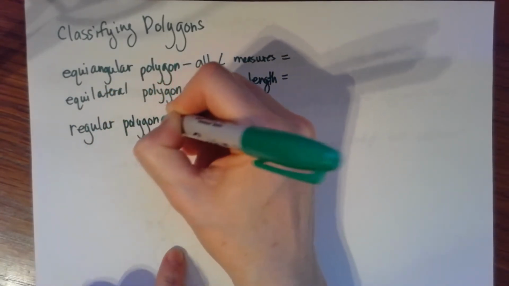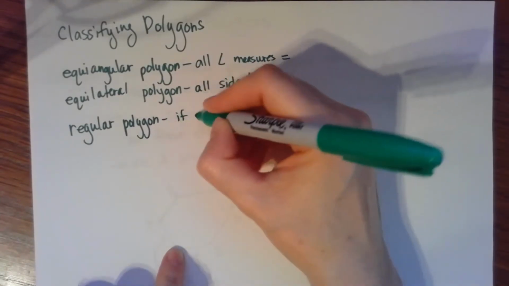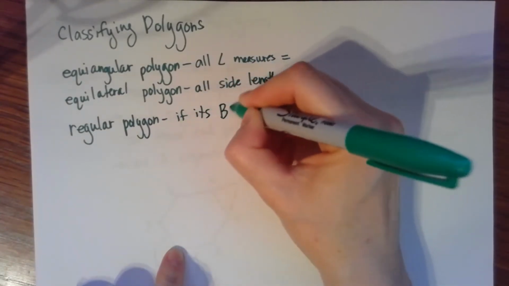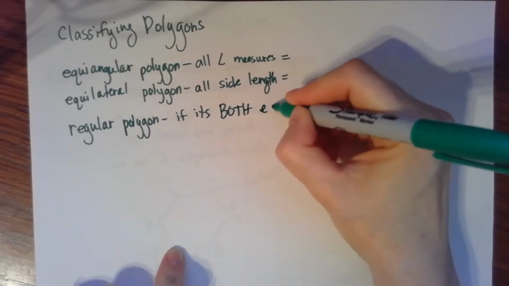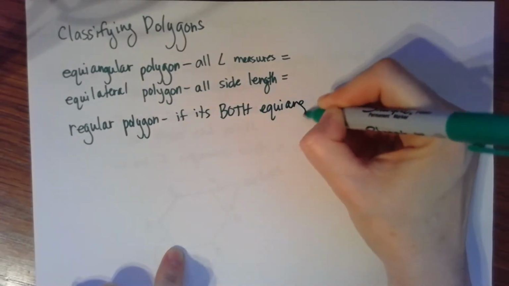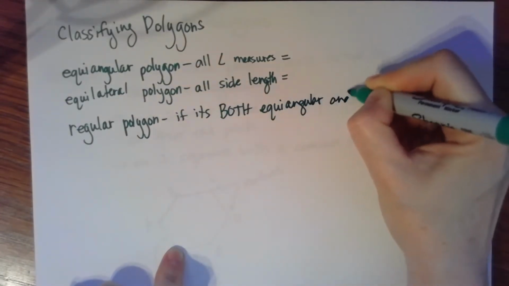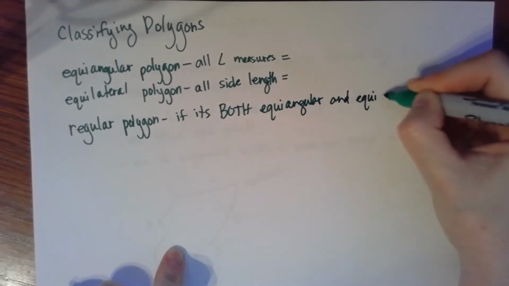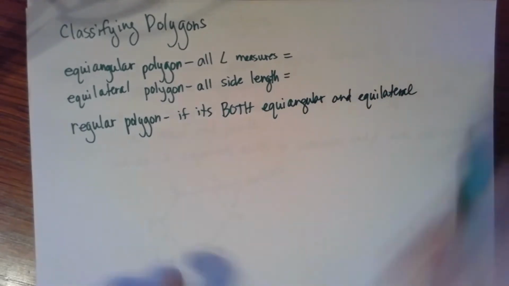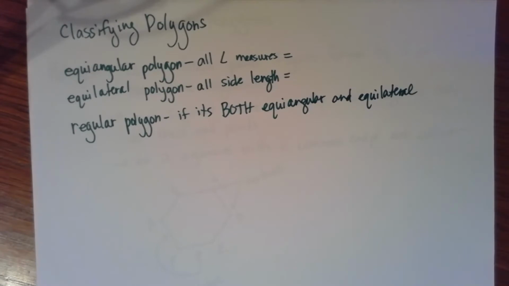Okay, and then we have a really super special polygon called a regular polygon. And a polygon is only regular if it's both equiangular and equilateral. So it has to be both of those, not just one, but both of them. Okay, so let's look at an example.